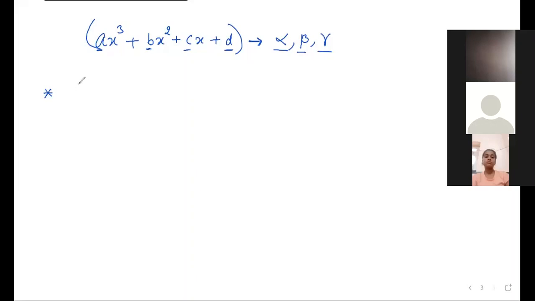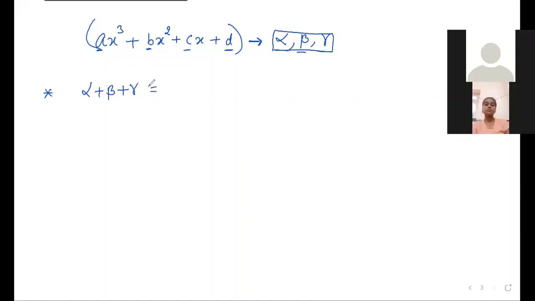So just keep it in mind that if alpha, beta and gamma are the 3 roots of the cubic polynomial, then the sum of the roots, alpha plus beta plus gamma, will be equal to minus b upon a. It will always be minus b upon a, that is minus coefficient of x squared upon coefficient of x cubed.